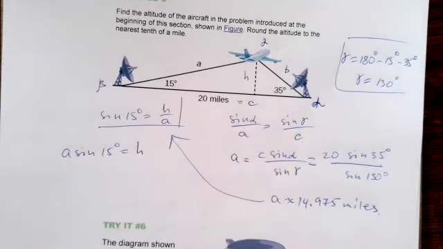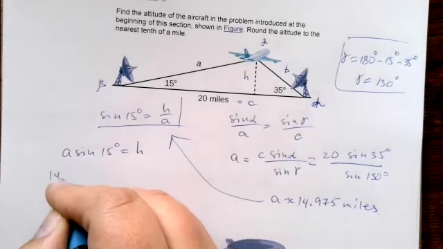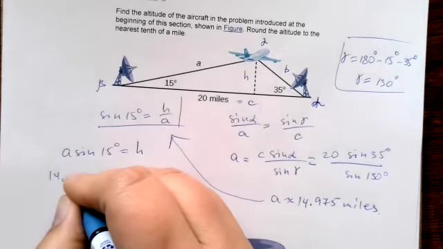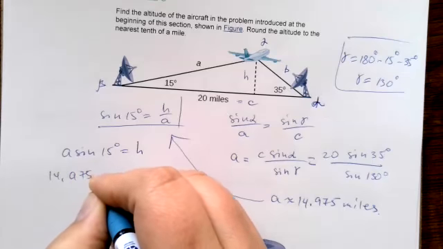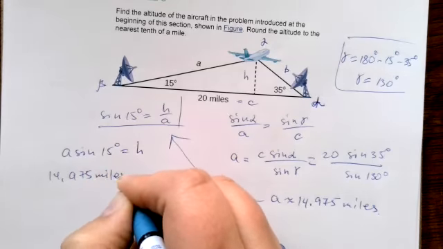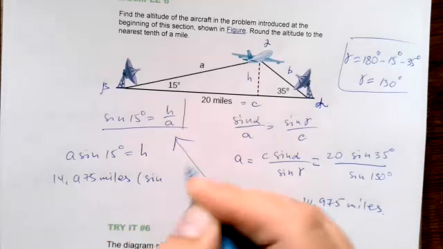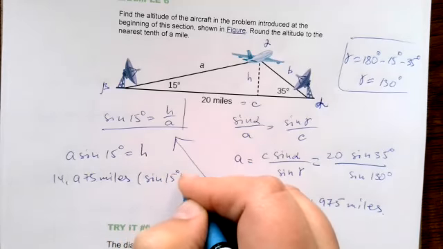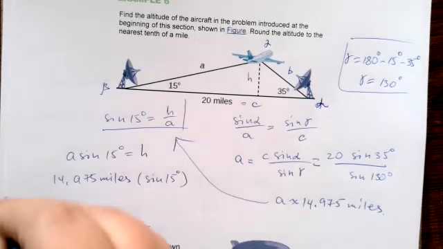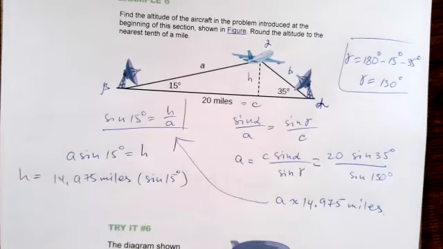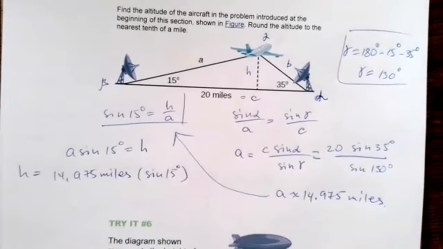So plugging in A, I will have 14.975 miles multiplied by sine of 15 degrees, and that equals H. All right, I'm going to put this into a calculator.